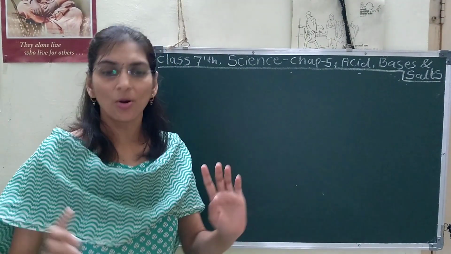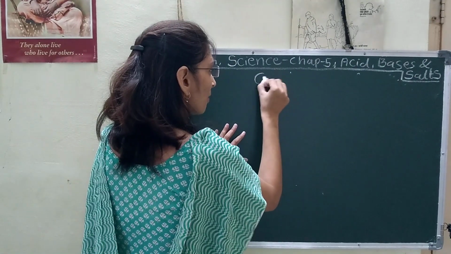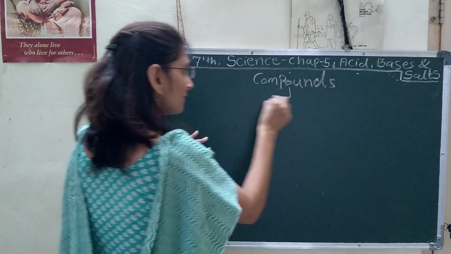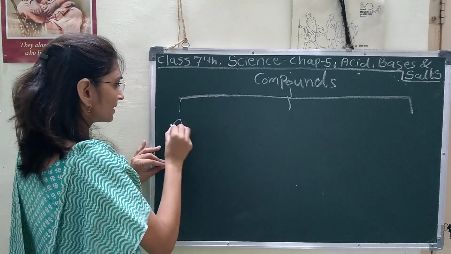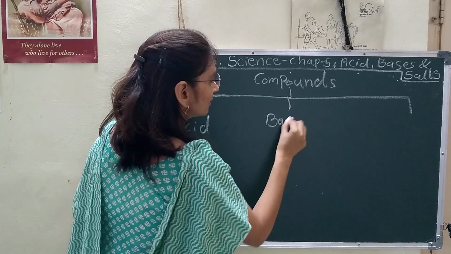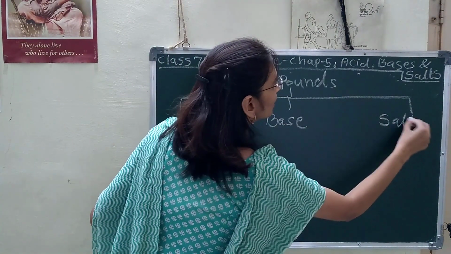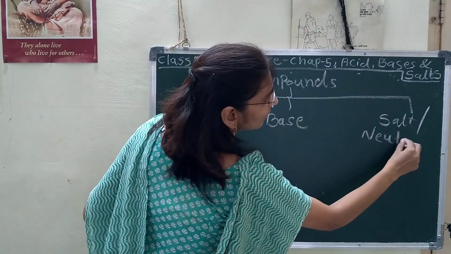All these substances are in compound form, as we know very well. These compounds are classified into three types mainly. First is acid, second is base, and third is salt or neutral substances.